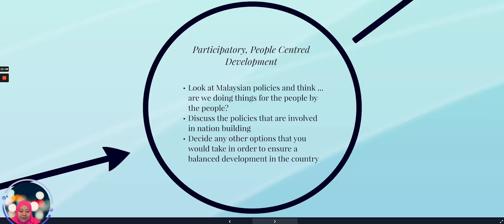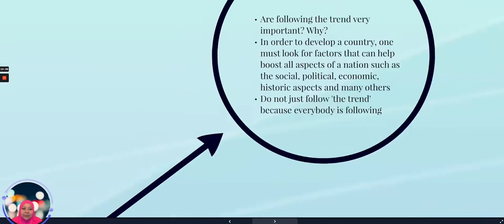So we are talking about the people for the people, the country for the people, led by the people. So we are talking about how do these people actually help other people. So what are the policies involved? So again, we have a lot to actually discuss in our face-to-face class. So be well prepared. Please find the policies relevant to develop a nation.